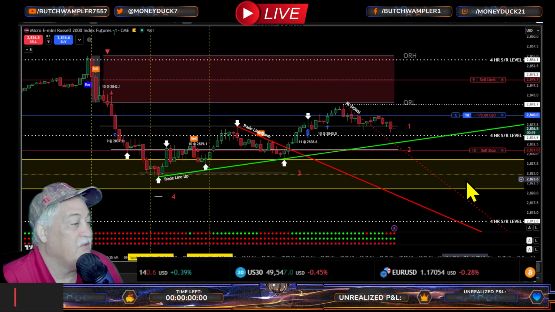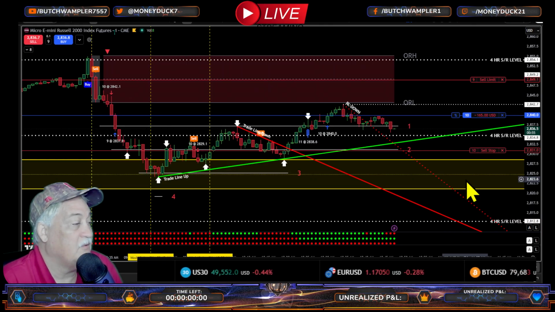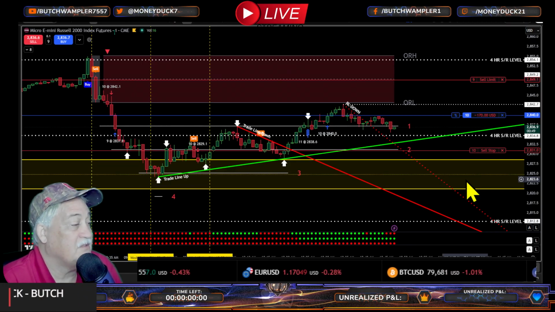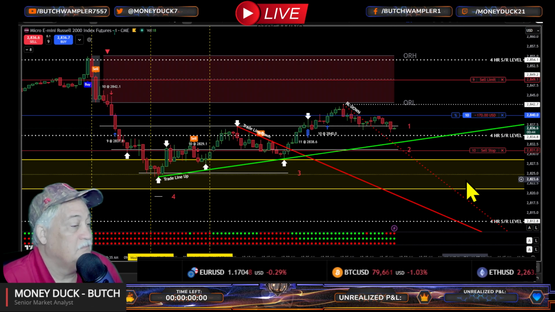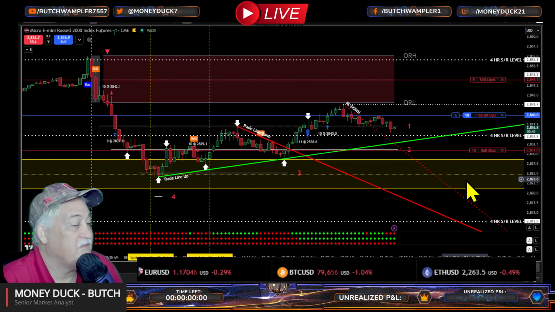I full well know that it may pull back to that green line, that 4-hour support resistance level, so it could pop a sell signal up. The only way I'd be interested in selling it is if it breaks that green line.